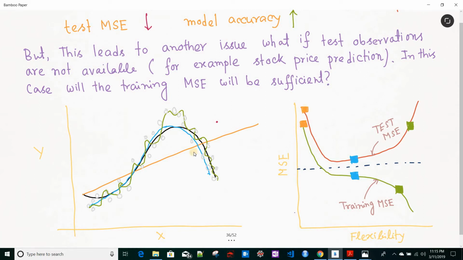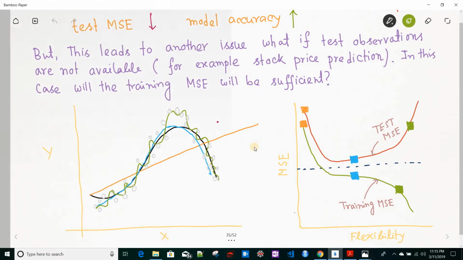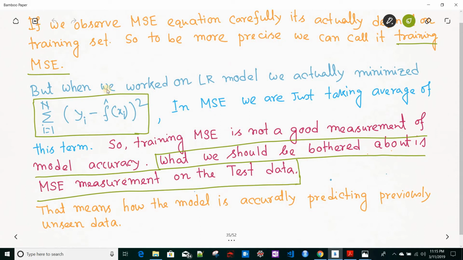Now for the blue color line, the test MSE is decreasing, and the training MSE is also decreasing a lot. Now when the model becomes more flexible, there is a certain uptick in the test MSE, but my training MSE becomes lower and lower. This is because the equation we use to define the MSE is actually the equation we minimized when we fit the model, right?